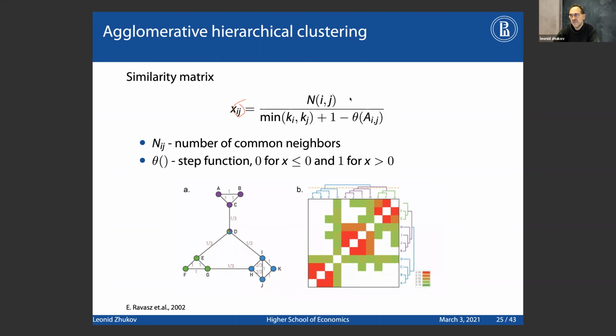And the similarity, in this case, and this is what the authors of the algorithm wanted to use, and somehow it worked pretty well for them, is the number of common edges, minimum number of node degrees, plus 1 minus this what's called Heaviside step function, 0 if x is negative and 1 for positive, so 1 for when there is an edge in between nodes.